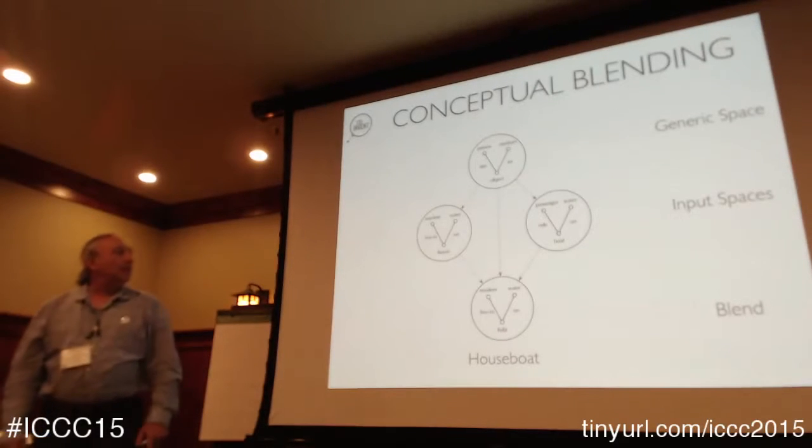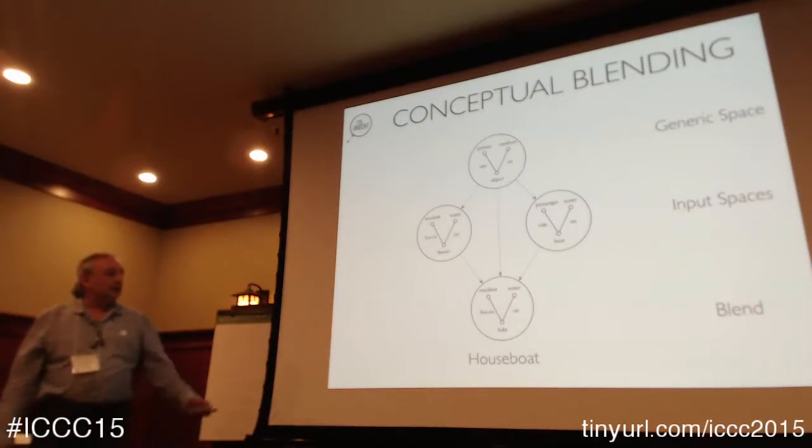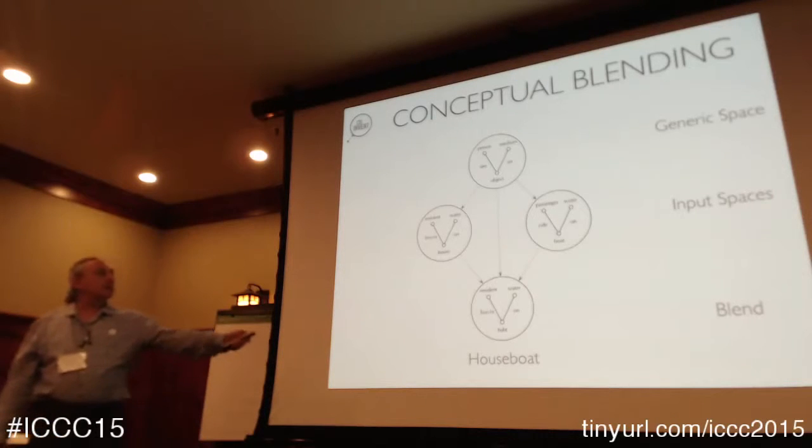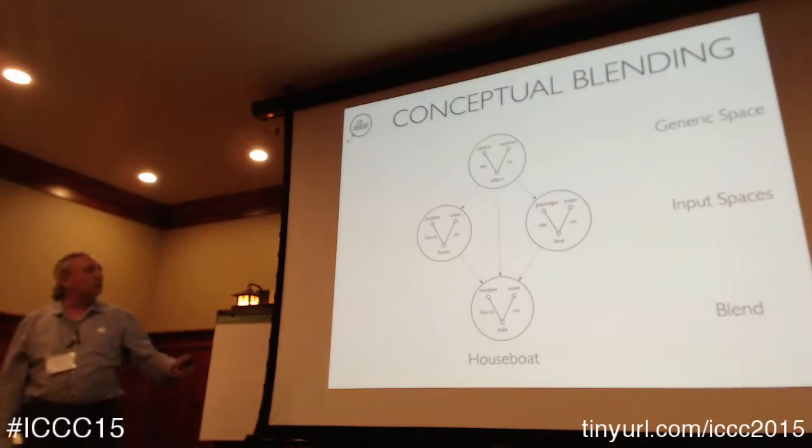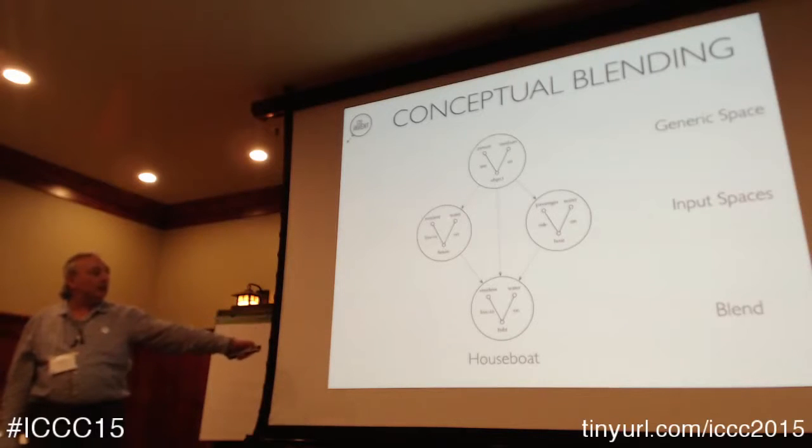So one famous example is the houseboat. You have some representation of house, some representation of boat. The generic space represents what is the commonalities between the two, and from there you can generate different blends. One of them is the houseboat.